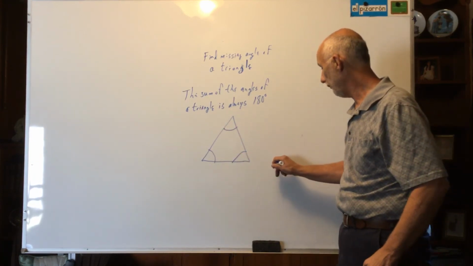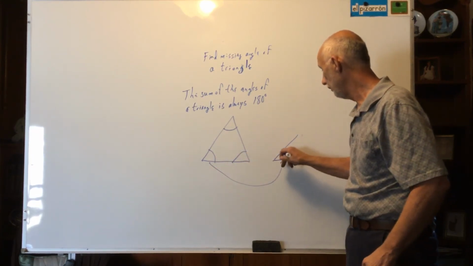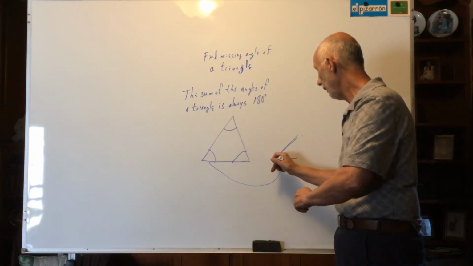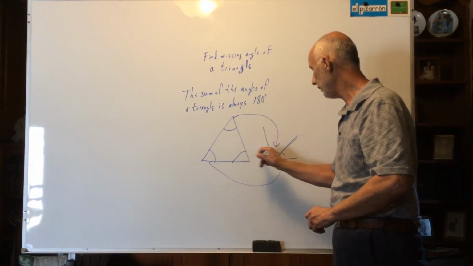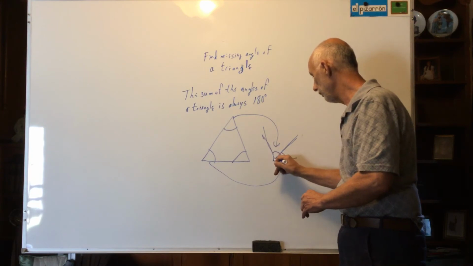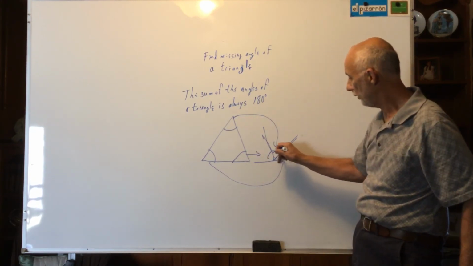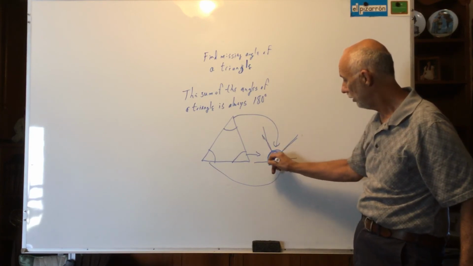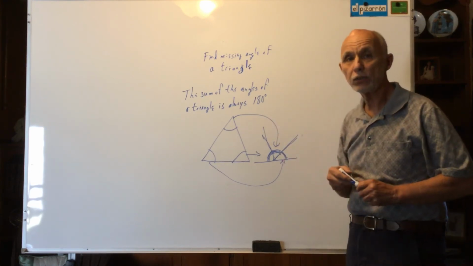If you were to take this angle and put it right there, and then take this angle and turn it upside down and put it right there, and then take this angle and move it over here, notice what happens with the 3 angles. They put together to make half a circle. And how much is half a circle? It turns out to be 180 degrees.